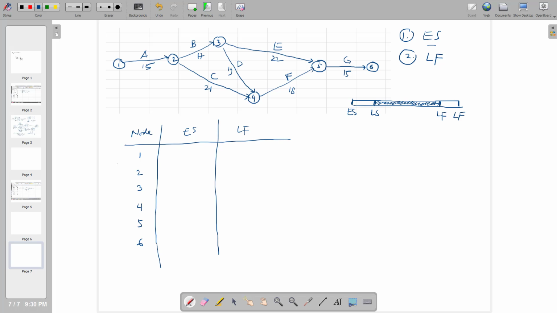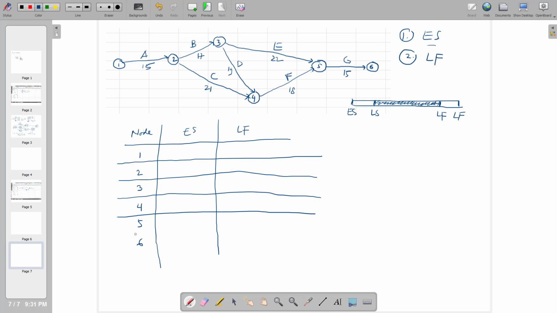Then let me put the separator so you are not going to be confused. Done. For node number 1, as you can see over here, this is node number 1.